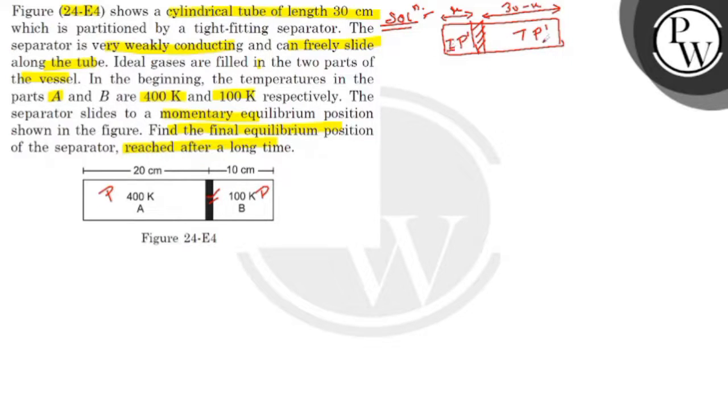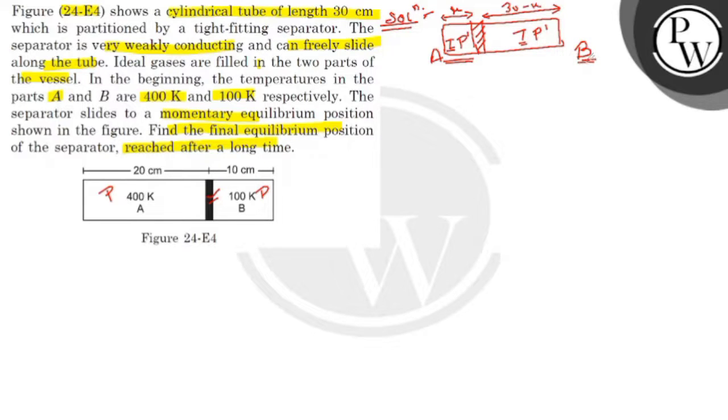When the temperature is equalized, the final position of the separator is at distance x from A, from the left side, and 30 minus x from the right side, that is B side.